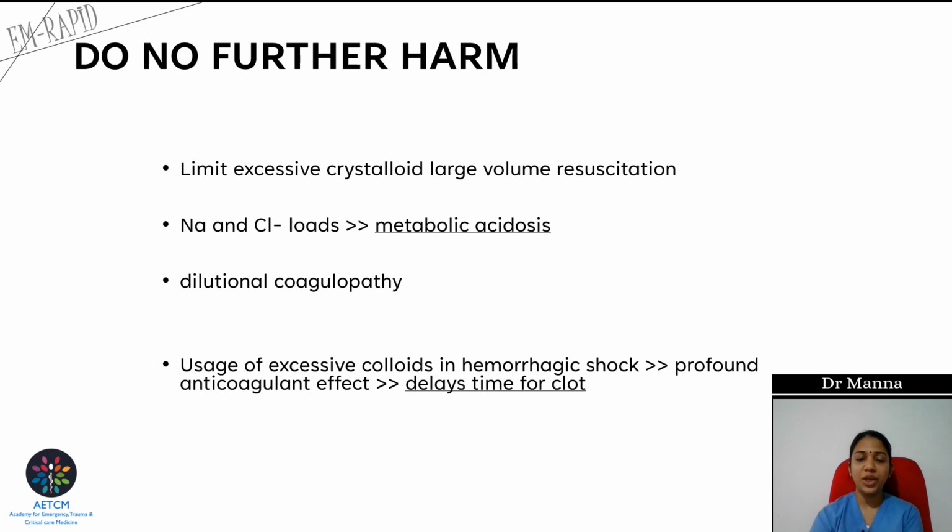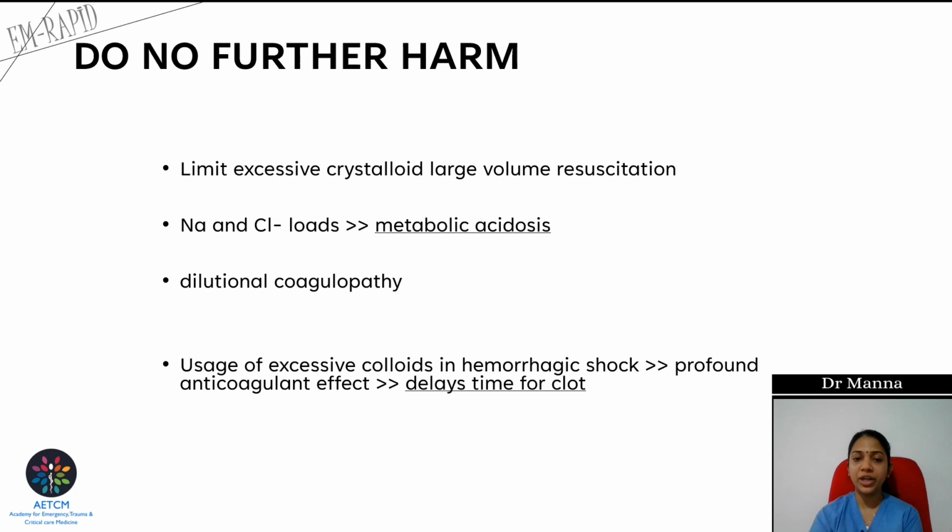So make sure that by doing balanced resuscitation, we are doing no further harm to the patient. We are not giving excess fluid, not giving more than 2 liters to a patient. We are not increasing the chloride load, and we are not inducing a hyperchloremic metabolic acidosis. We are not diluting the coagulation factors.